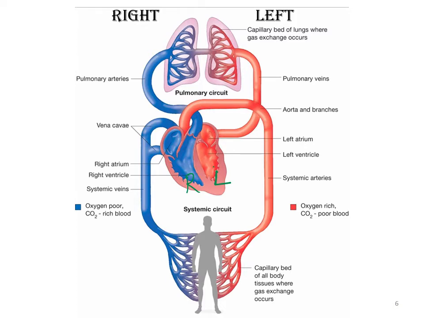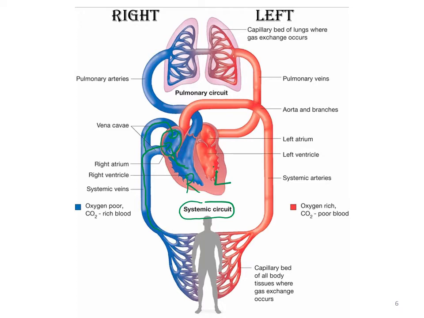As you can see, the right side of the heart is going to be responsible for taking blood in from the systemic circulation. It's going to travel up this way. It's going to go into the upper chamber of the right side of the heart. It's going to travel into that chamber. This chamber is called the atrium.